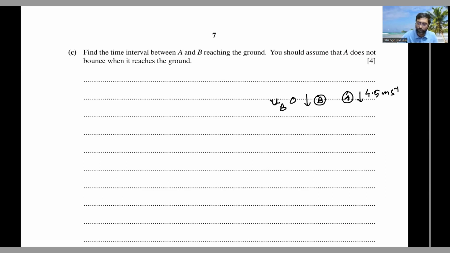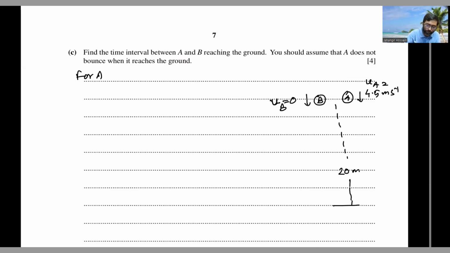For further motion, UB is 0 and UA is 4.5. Both of them will move 20 meters vertically downward, and this is obviously free fall for both cases. The time will be different because A has an initial velocity, while B starts from rest.